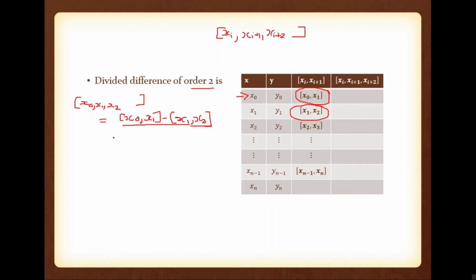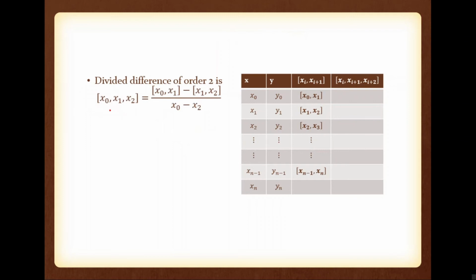Now what is the denominator? The denominator is the extreme left element x0 minus the extreme right element x2. So [x0, x1, x2] equals ([x0, x1] minus [x1, x2]) divided by (x0 minus x2).